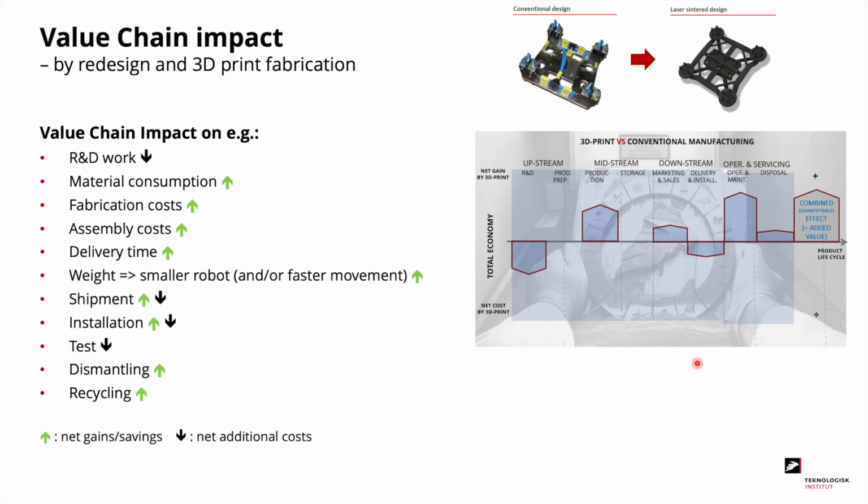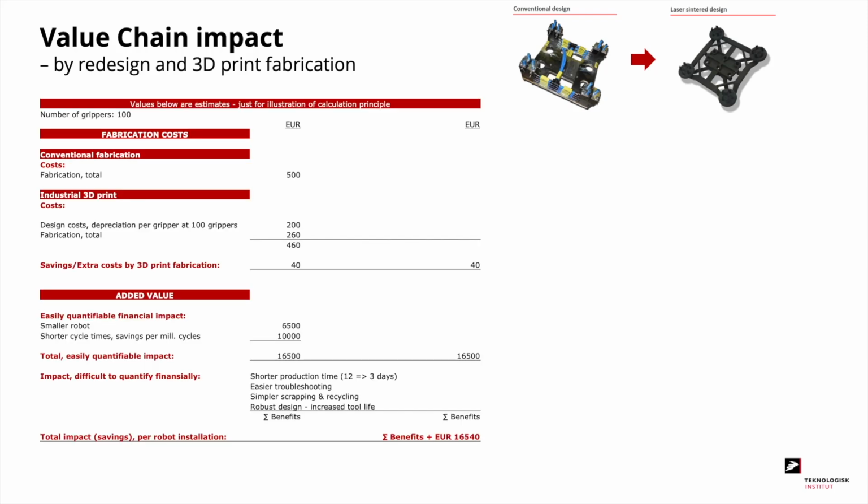So now let's add some figures to these impacts. For this case, we have some estimated values, not the exact values, but it's okay for illustration of the calculation principle. You can set this up in many different ways, but here we have chosen to split it up in fabrication costs and the added value you achieve.